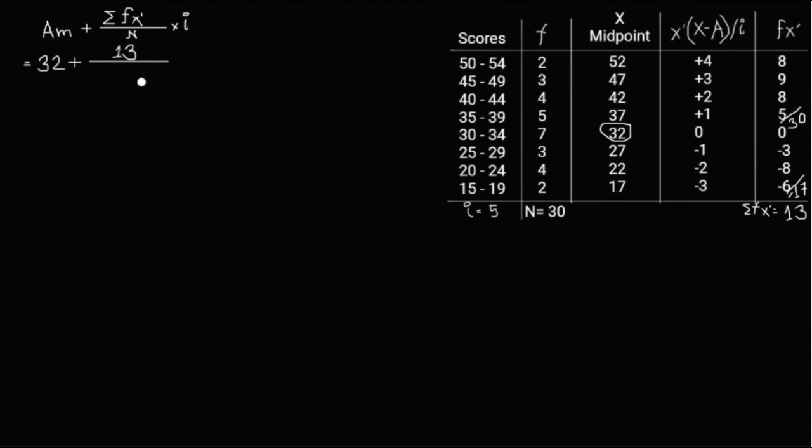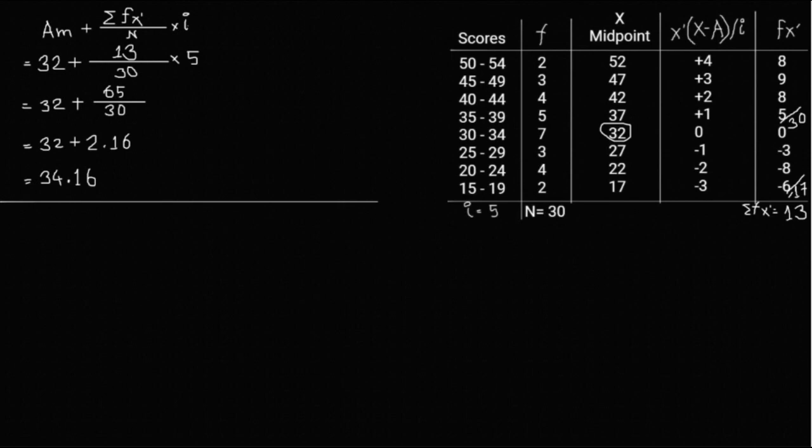So 13 by n, 30, and I is 5. So 32 plus 13 into 5, 65, divided by 30. 32 plus 65 divided by 30 is 2.16, and 32 plus 2.16 is 34.16.